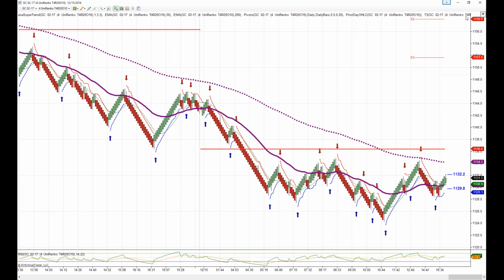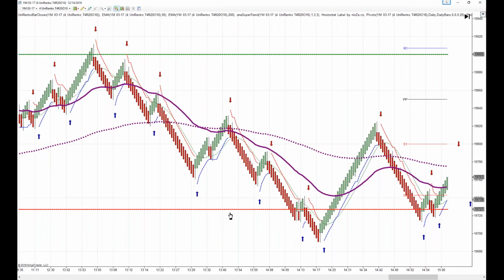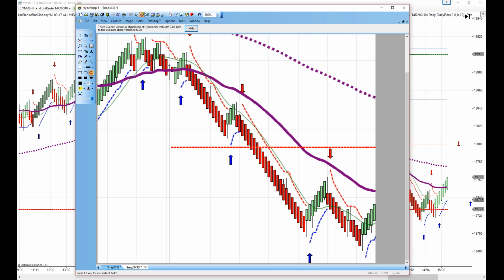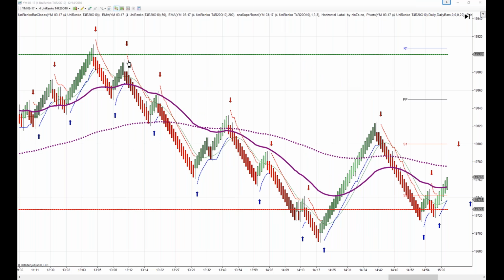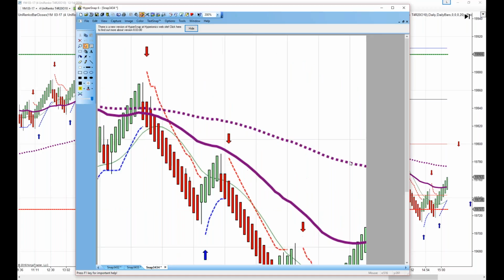So let me point out just some other charts, some other possible trading scenarios. This is the YM. Okay, this is the YM. Downward trend.